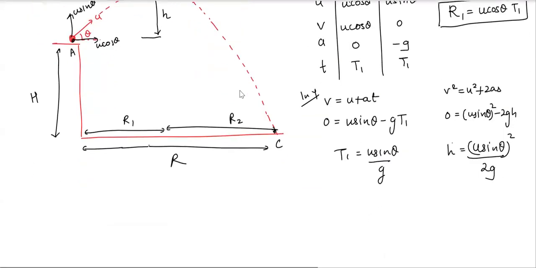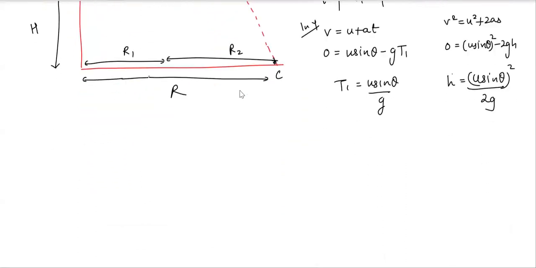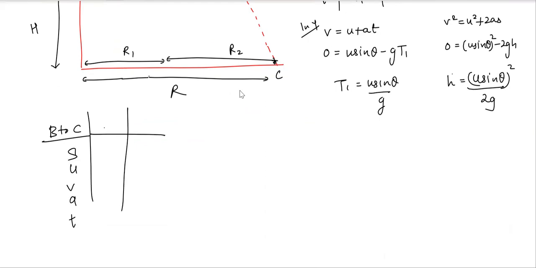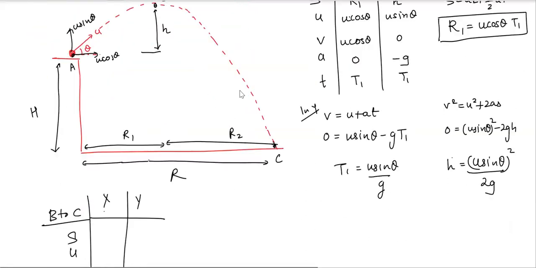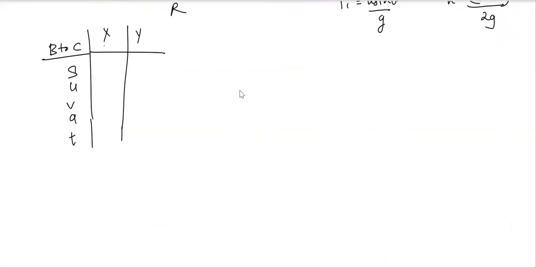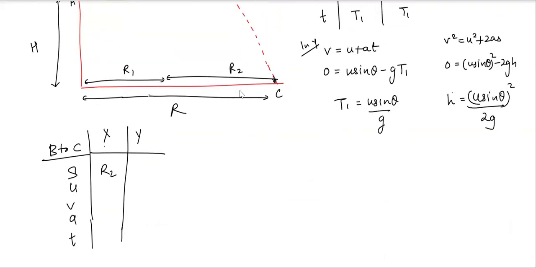Now we will do from B to C. From B to C, I will again make the table S U V A T, in x and y direction again. Now you will see that the displacement here in x direction will be R2, while the total displacement in the y direction will be h plus h.